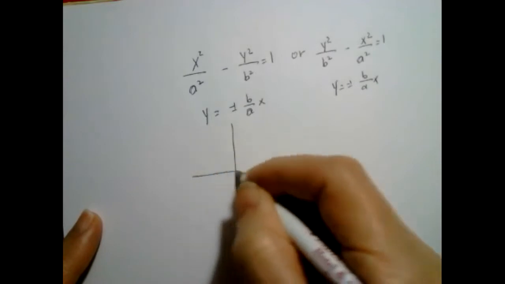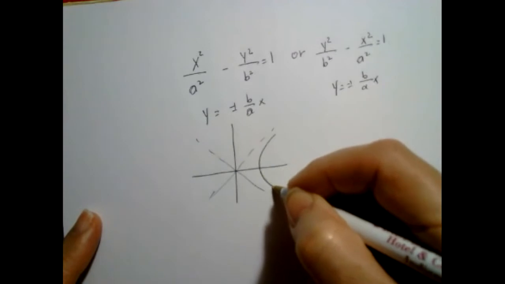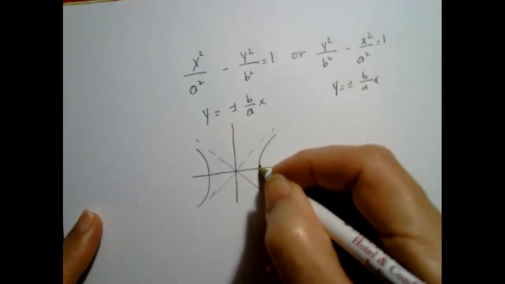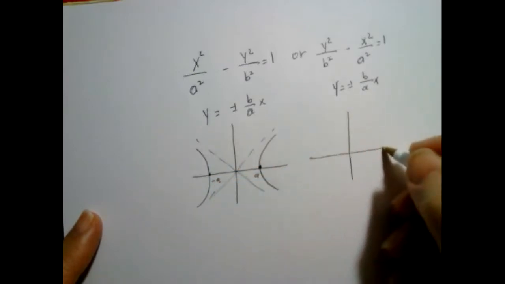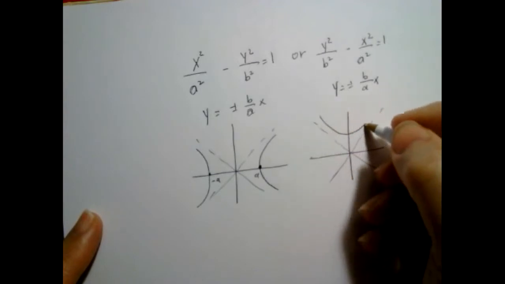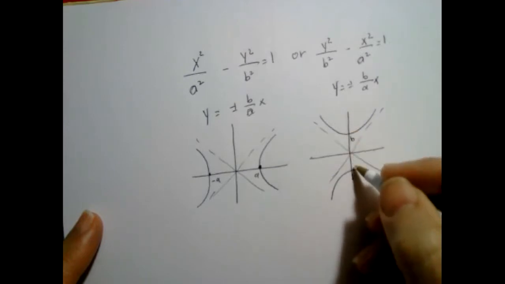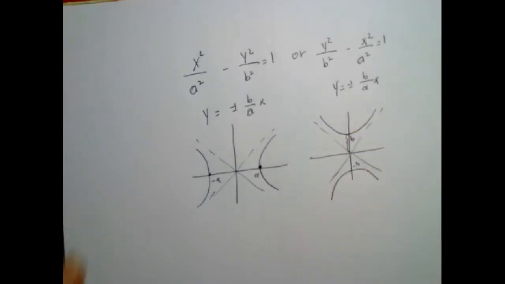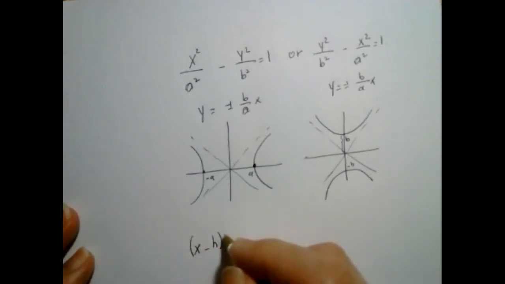In this case, once we build the asymptote, the opening is left, right, and the intercepts are a and minus a. And in this scenario, these are the asymptotes, same thing, but the opening is up and down. This is my b, and this is minus b. I finish by mentioning that we can have a shifted one, and the shifted one is always like the ellipse.